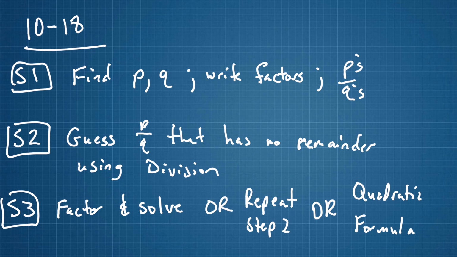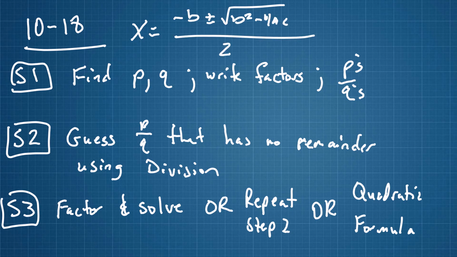Or you might have to repeat step 2, because if it's x to the third, you definitely have to repeat step 2. Or you might have to use the quadratic formula. And remember, the quadratic formula is x is equal to the opposite of b plus or minus the square root of b squared minus 4ac, all over 2a. So that might be needed. All right? And that's what we do for 10 through 18.